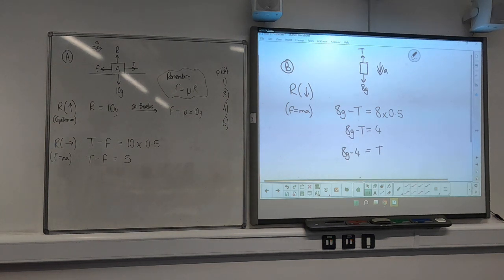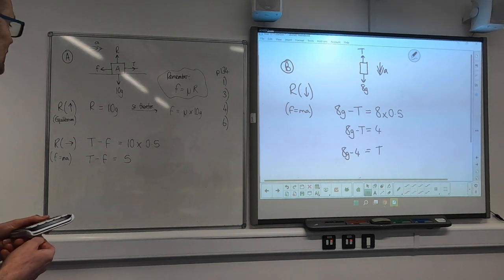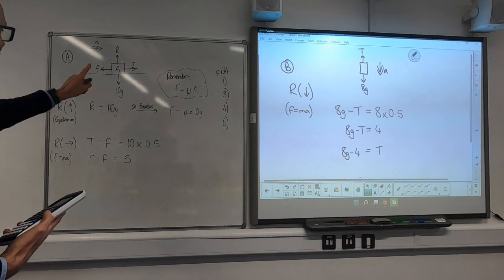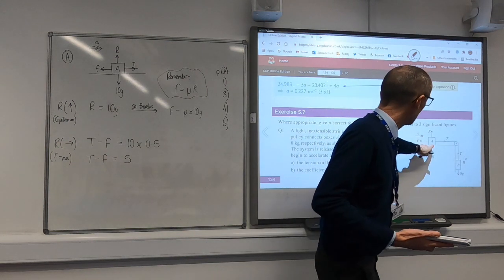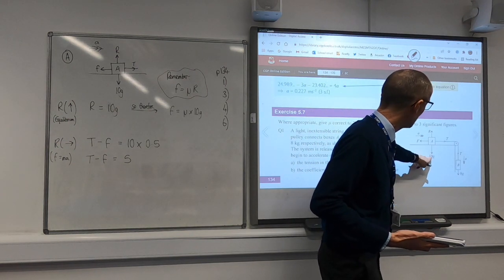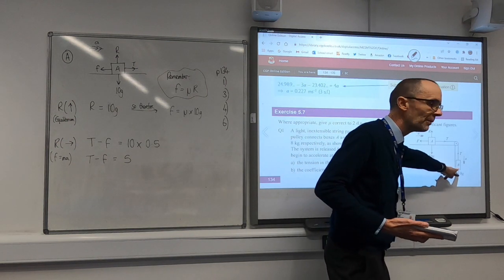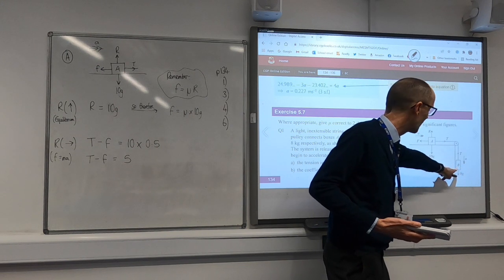So, yeah. Why is 8g there, but it's only 10 there? Because it's two different particles. That's A. So that's F equals ma, isn't it, what you just did? Yes, so A weighs 10 kilograms and B only weighs 8 kilograms.